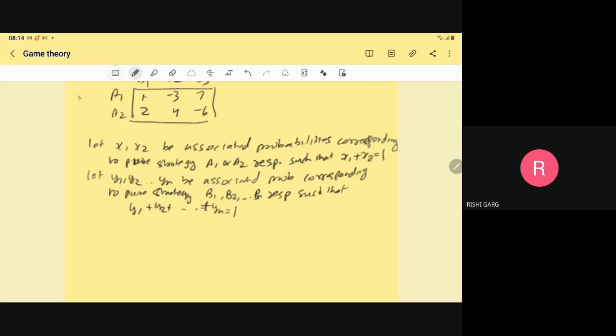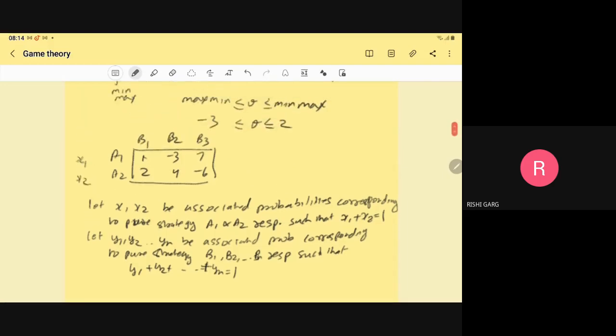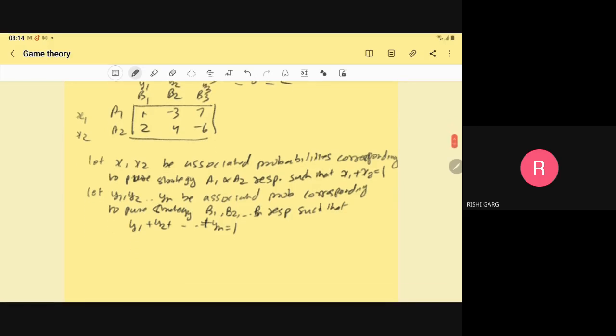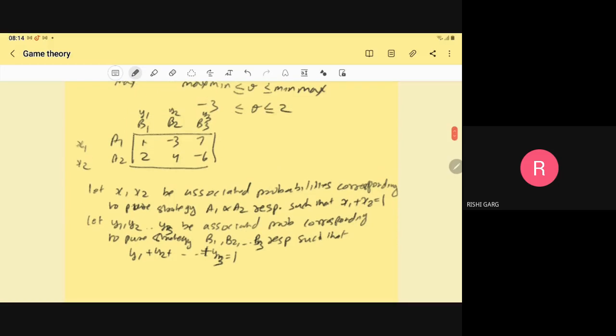Here we have two strategies, x1 and x2, and three strategies, y1, y2, y3. Since there are only three, it is better to write y1, y2, y3, so y1 plus y2 plus y3 is equal to 1.